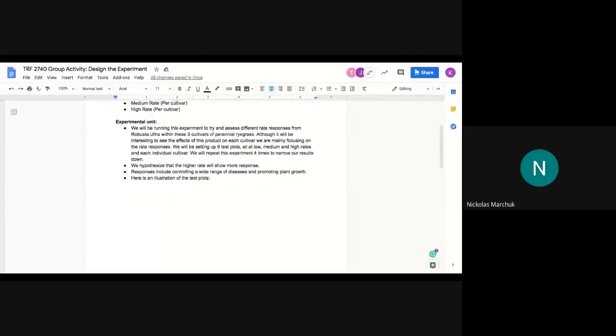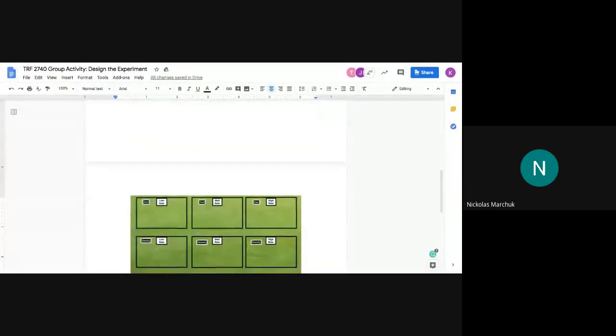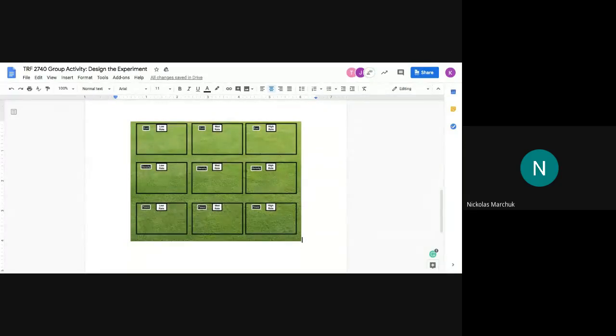So we've heard from Group A. What about Group B? Any of you guys in Group B have a comment on how you designed yours? Well, we could have Cade present his screen just to show ours, but sure. We were basically working on a standard box setup with different plots for the different types of grass and for the different rates of product that we would put on.